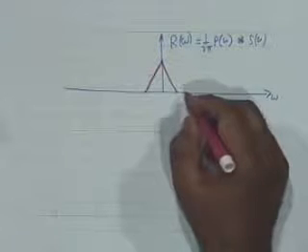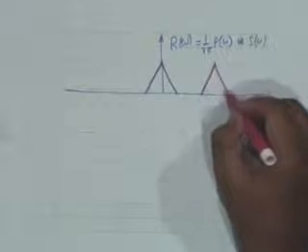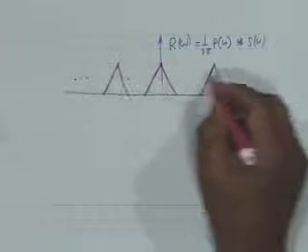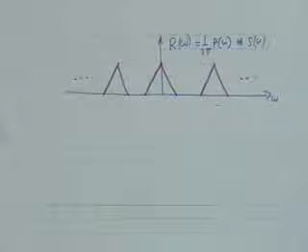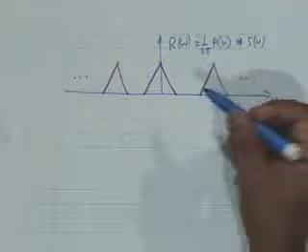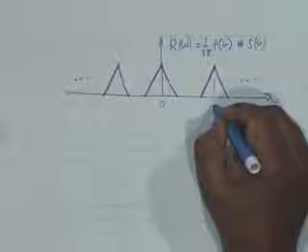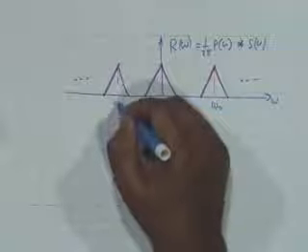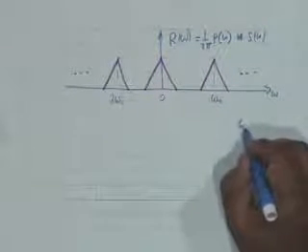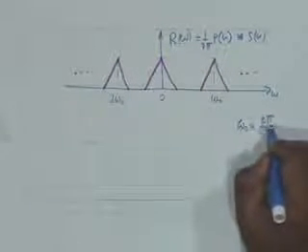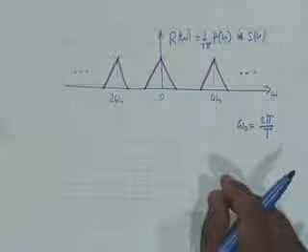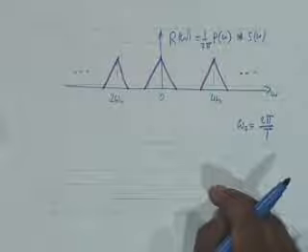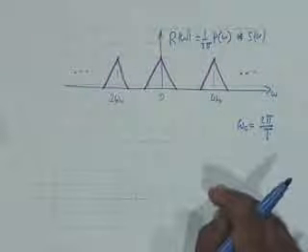This is 1, then the next triangle, then the next triangle, and so on. It repeats at regular intervals of frequency, and the ordinates are, this is 0, this would be omega naught, this would be 2 omega naught, and so on. Please remember, omega naught is 2 pi divided by T, where capital T was the distance between two impulses in the time domain for the signal S of t.